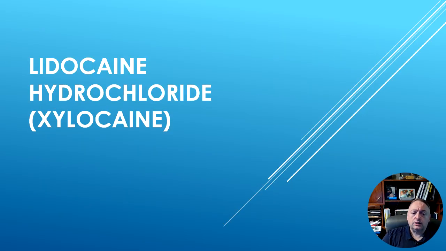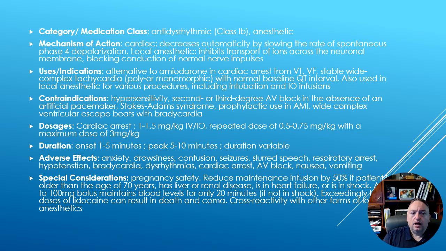The next medication we're going to talk about is another antidysrhythmic, and it is lidocaine. Lidocaine decreases automaticity by slowing depolarization, slowing that action potential, and it calms the heart down. Typically, the dose is 1 to 1.5 milligrams per kilogram IV/IO, and we can give a repeat dose of 0.5 to 0.75 milligrams per kilogram with a total max dose of 3 milligrams per kilogram for the patient.